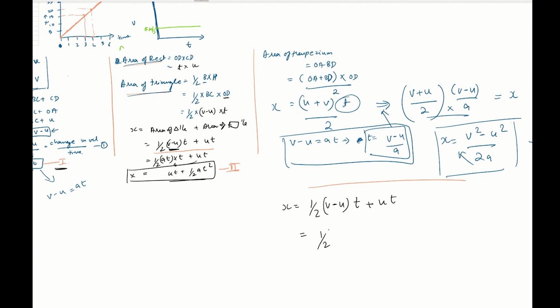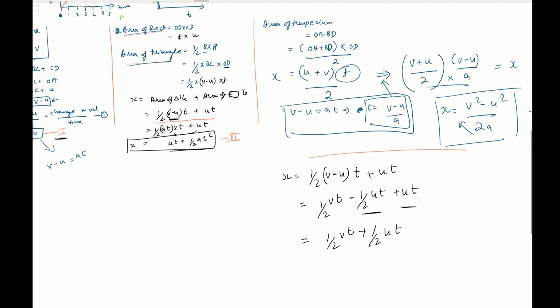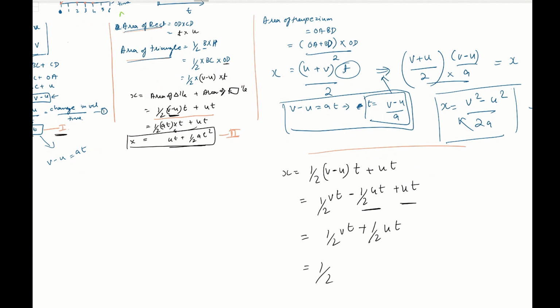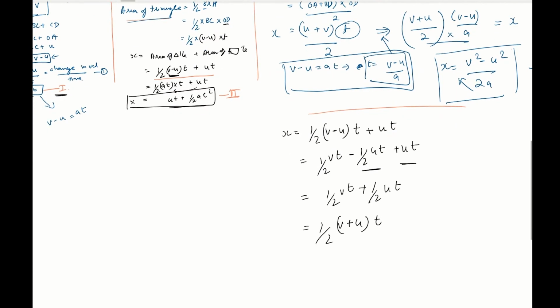So you get half vt minus half ut plus ut, right? Which gives you, you take this and this term, you subtract half ut from ut, you get half vt plus half ut. You can isolate the values, you get half v plus u times t, right?